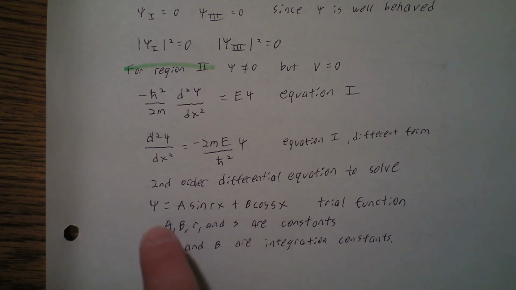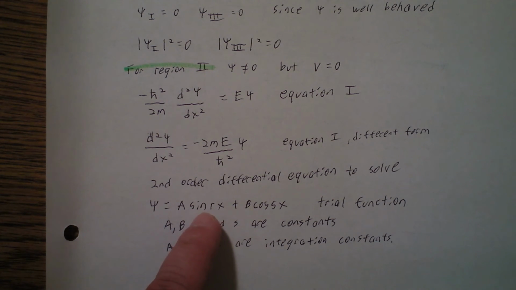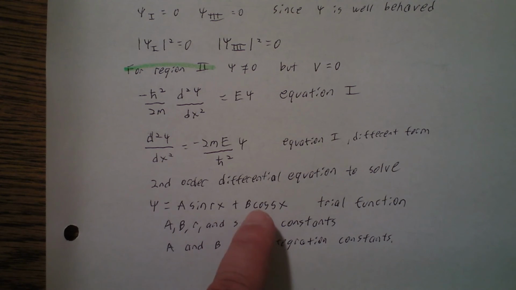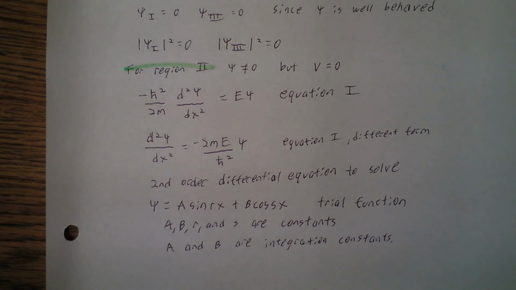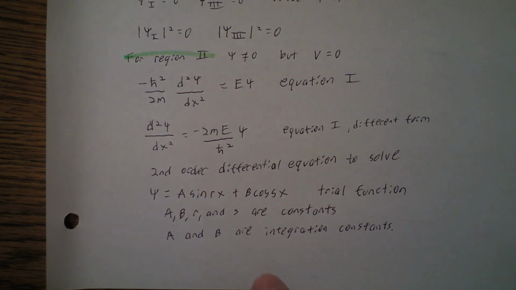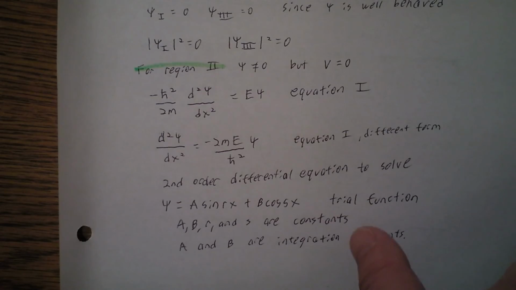Now we're going to have a trial function here to see what happens. We're going to say that psi is equal to A times sine rx, so that's lowercase r times x, plus B times cosine sx. Capital A, capital B, lowercase r, and s are all constants. A and B are integration constants.